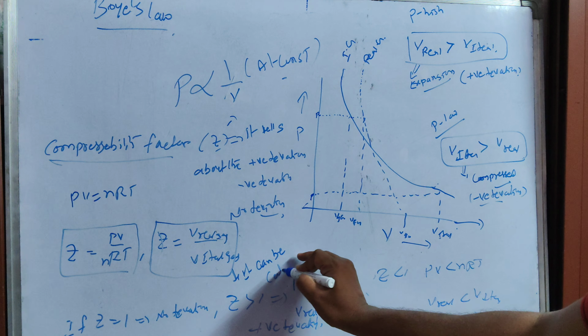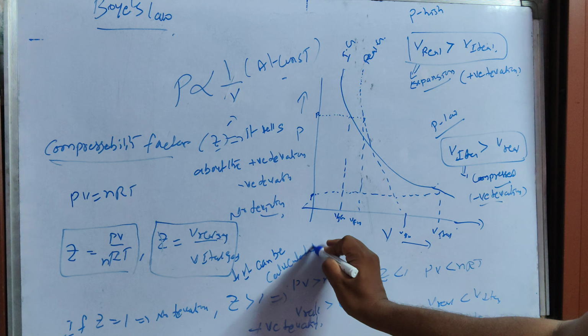The V real gas is experimentally determined, already given and measurable, but V ideal gas can be calculated by using the formula PV is equal to nRT. This is about the compressibility factor, what is real gas and what is ideal gas.